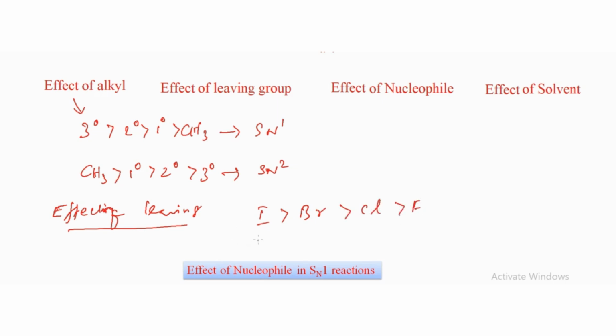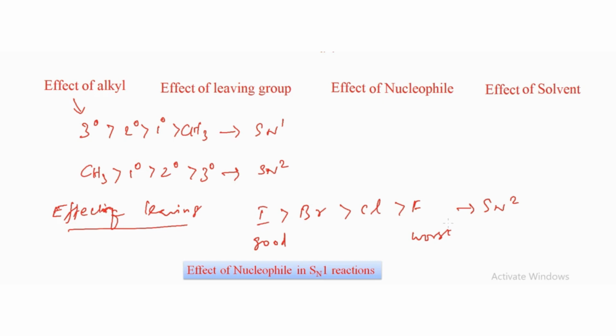That means this is good and this is the worst. So the students assume that for the SN1 it should be reverse. No, it's not the case.